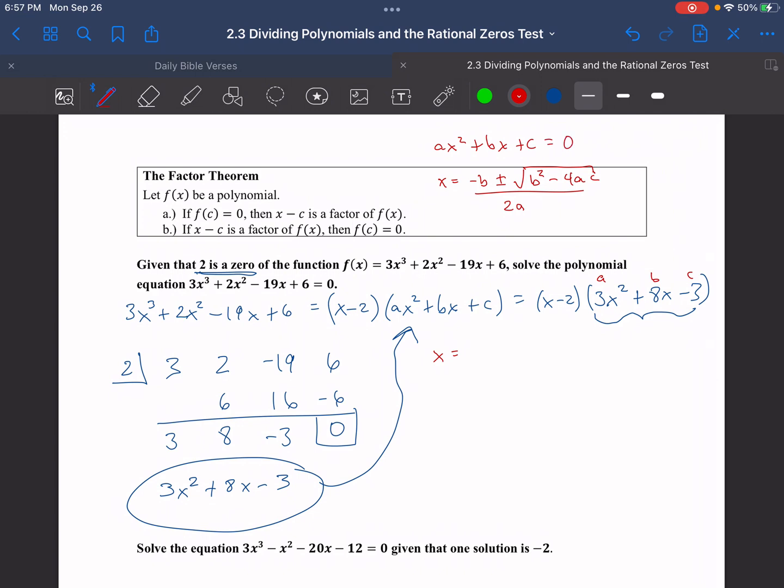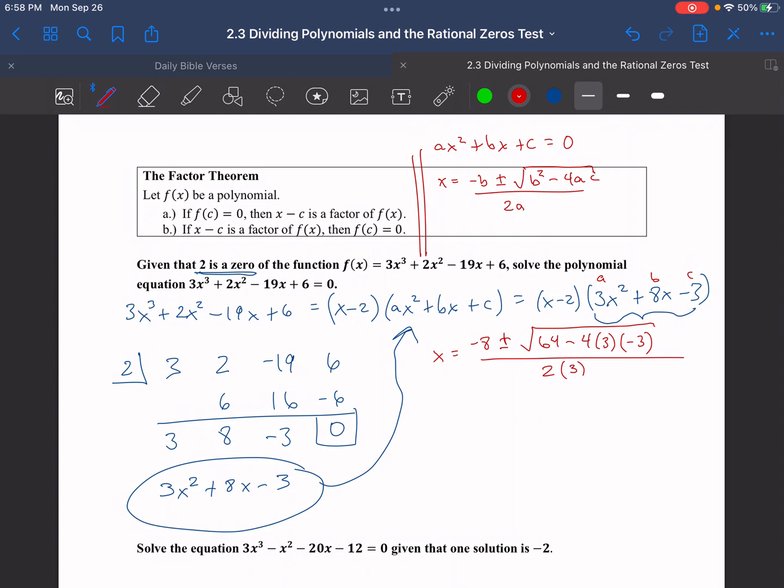All right, that's separate from that. So we can go ahead and do that. So x equals opposite of b, which is 8. So negative 8 plus or minus the square root of 8 squared, so 64, minus 4 times a times c, just like that, all divided by 2 times a.